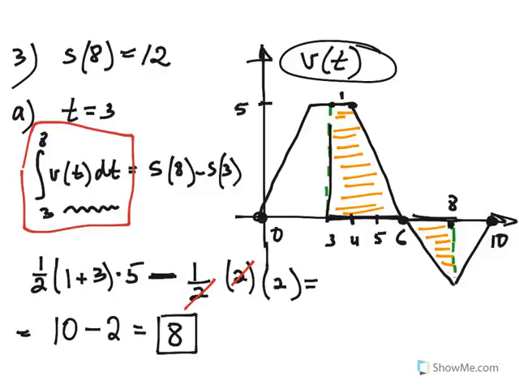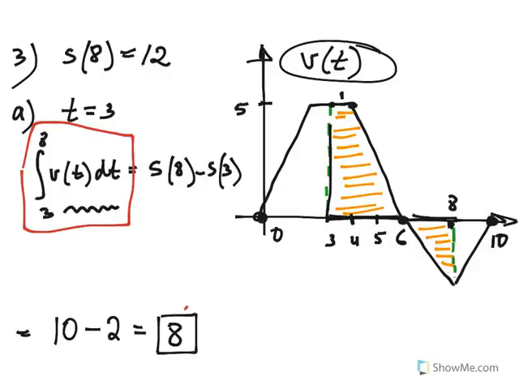I'm just going to circle that, box it for myself. Now the FTC says, let me get rid of this part right here. We already solved it, so we don't need it. The FTC says the value of this integral, and we found it, it's 8, equals S of 8 minus S of 3.